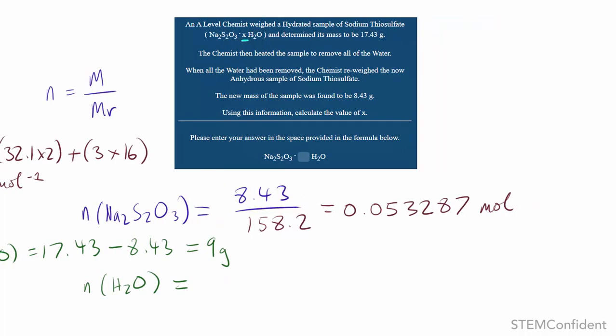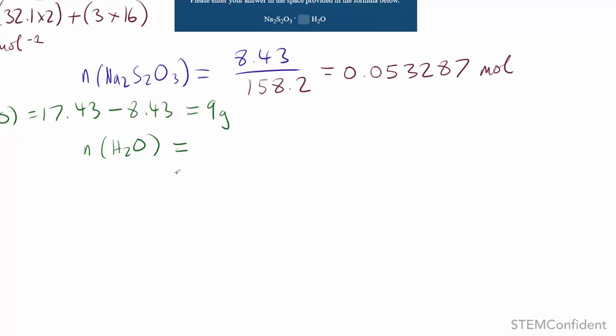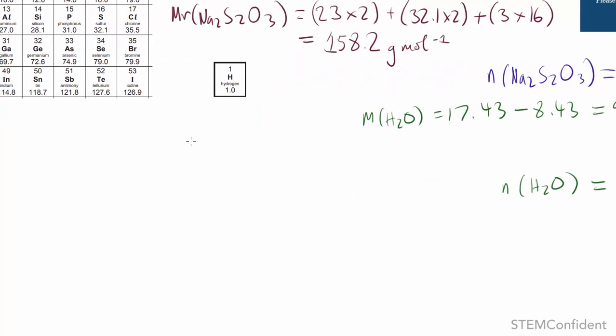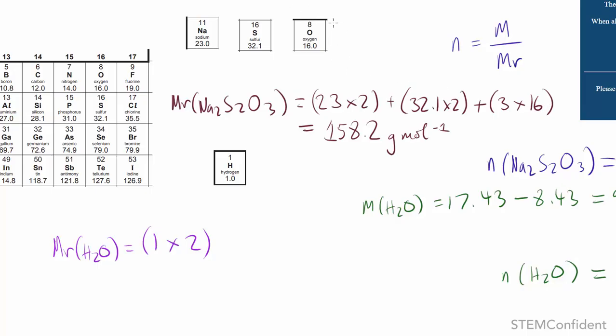And therefore, when we're looking at the number of moles of H2O, we can say that that is going to be equal to the mass, 9, divided by the molar mass. For H2O, the molar mass is, for hydrogen, 1 times 2, so that's for the H2 aspect, plus the oxygen component, 16, times 1.